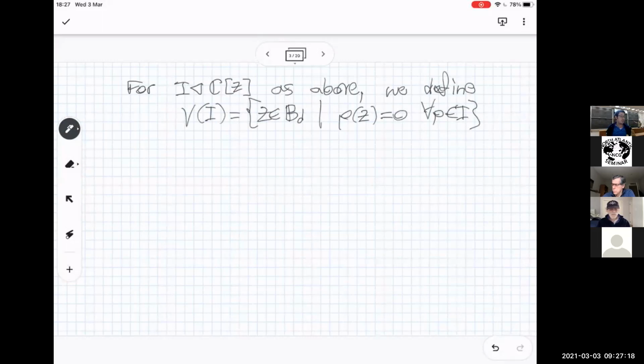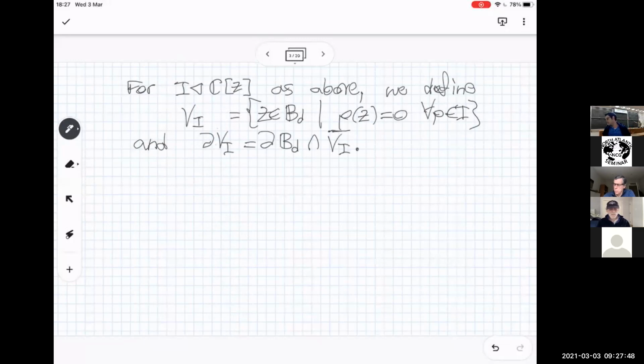Okay, so this is sometimes called a homogeneous variety, and we define the sort of boundary of the variety. I denoted this by V_I, so let's change that to V sub I. This is the intersection of the boundary of the d-ball, or the sphere, with the closure of V_I.